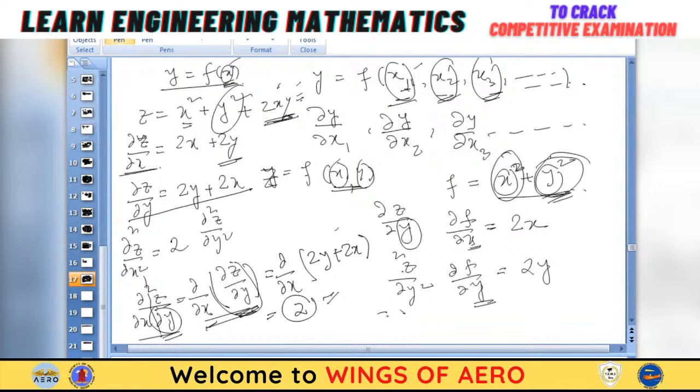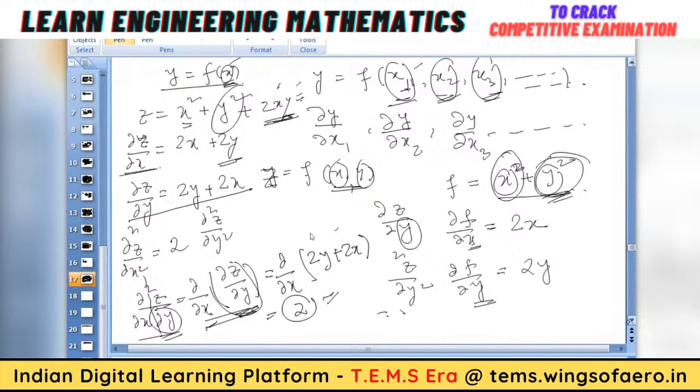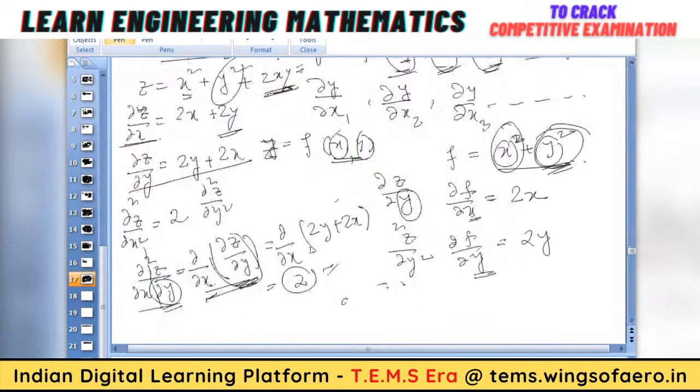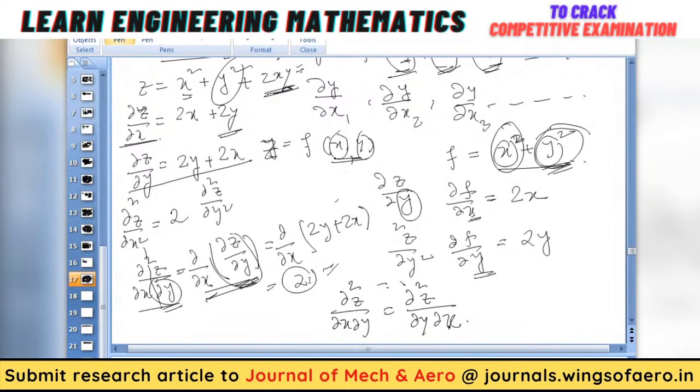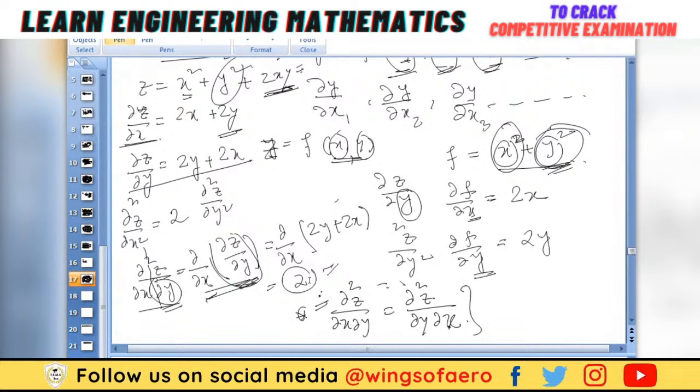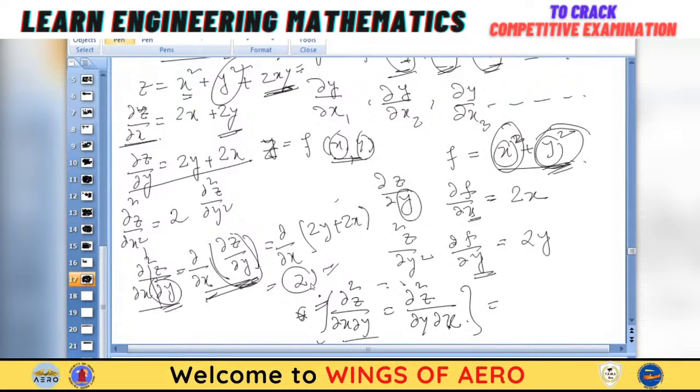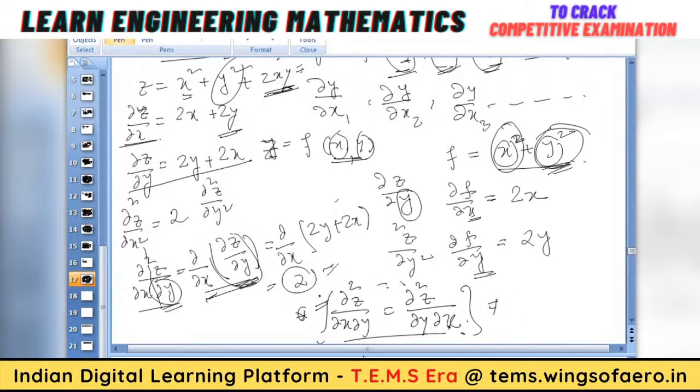Okay, most of the time del 2z del x del y and del 2z del y del x are equal. Most of the time these two are equal. Because you are engineering students, examples where these two derivatives are unequal will not be in the GATE questions.